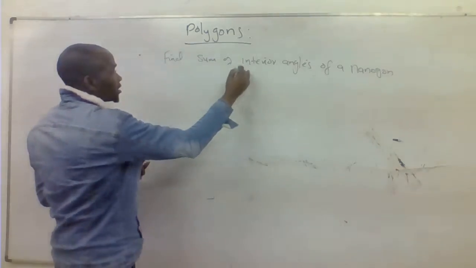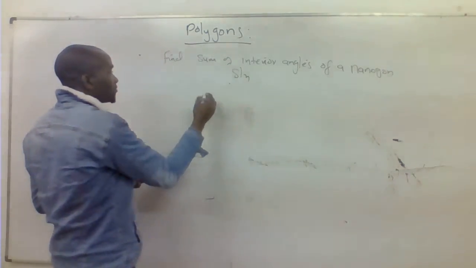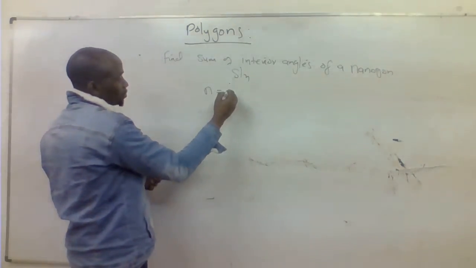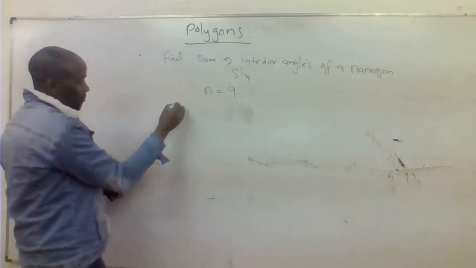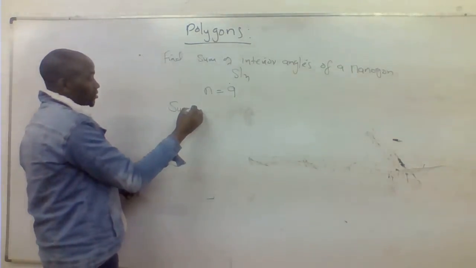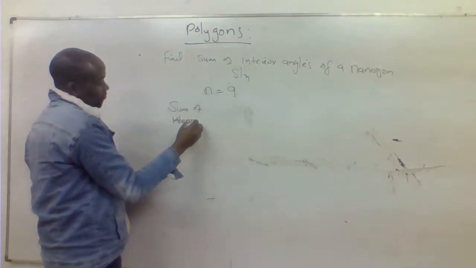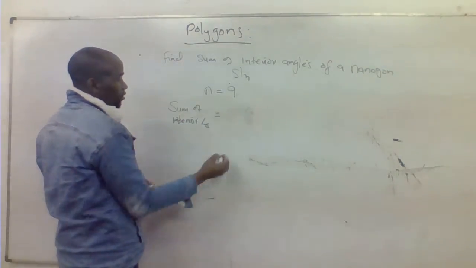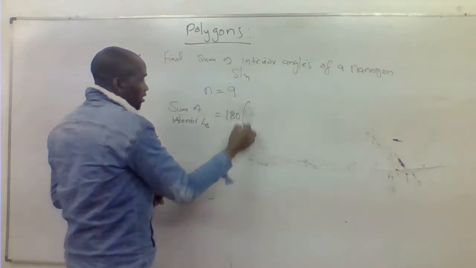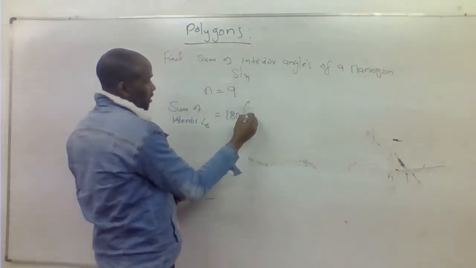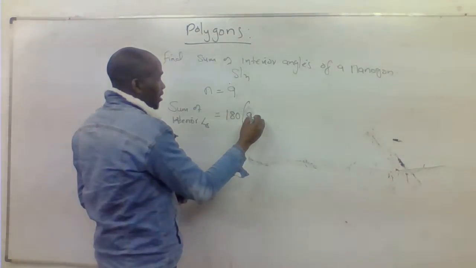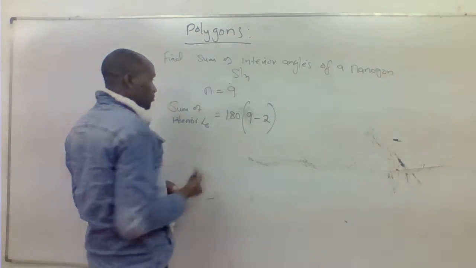So in our solution, we'll have n equals 9, and then we apply our formula. The sum of interior angles will be equal to 180, then the number of sides, that is 9, now minus 2.